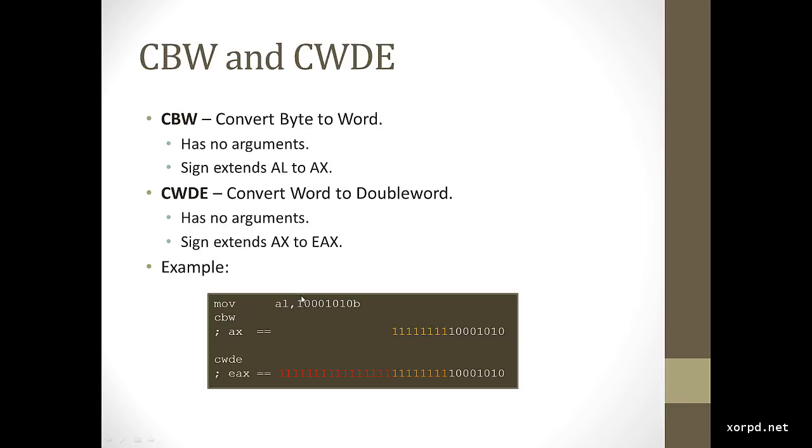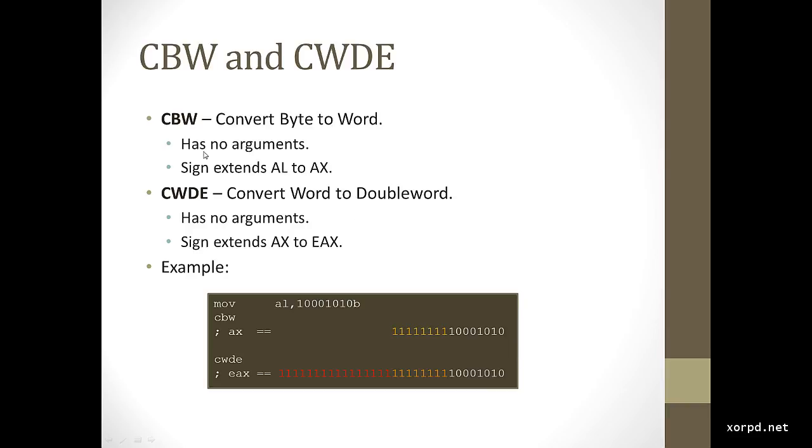CBW checks the highermost bit, the MSB, and if it is 1, then it extends with 1. If it was a 0 bit, then the extension would be made of zeros. So this instruction extended AL into AX, and it considers the sign. The next instruction, CWDE, extends AX, which is currently this number, into EAX. So it extends 16 bits into 32 bits.